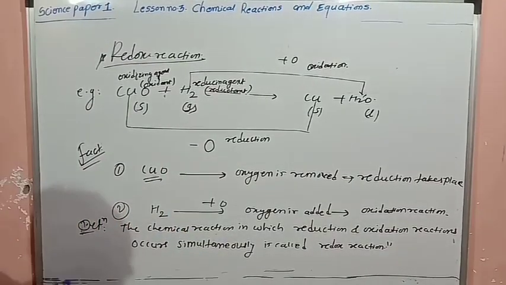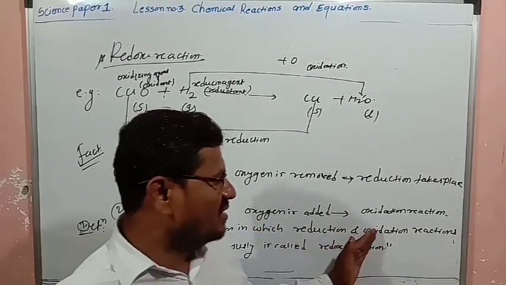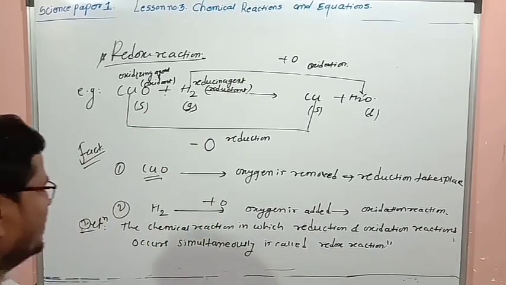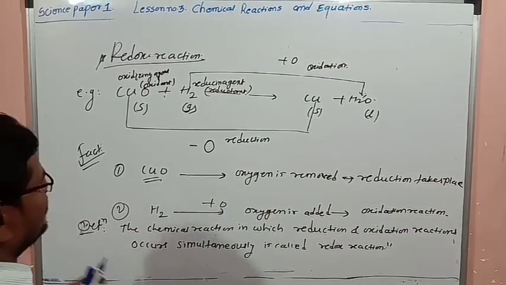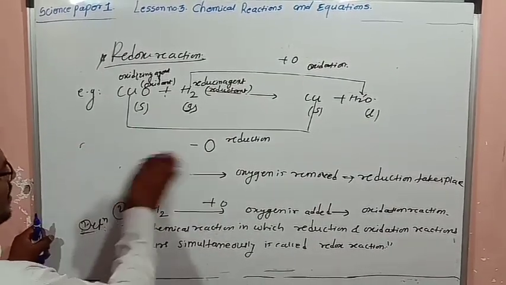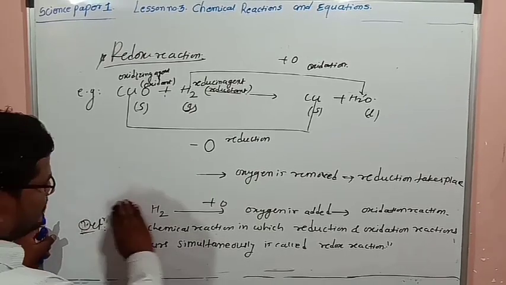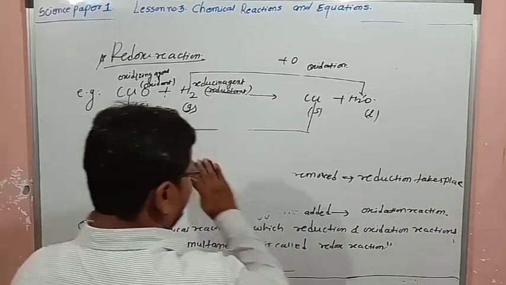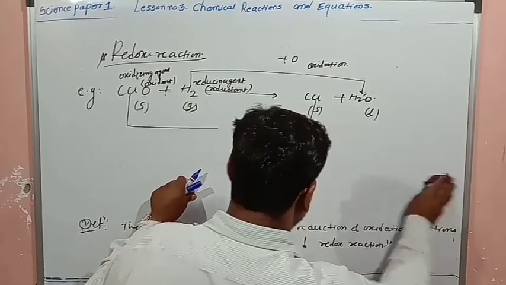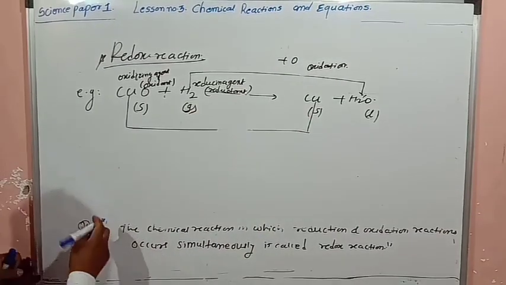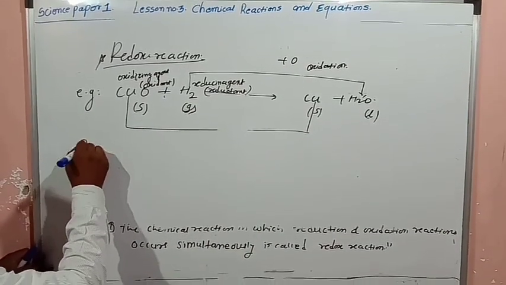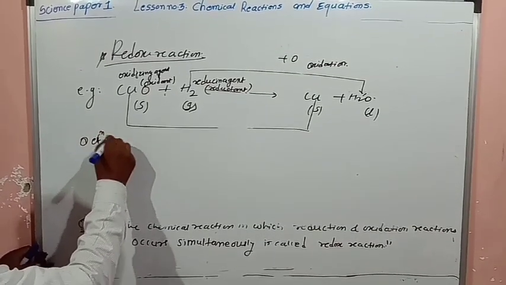The first definition is that the chemical reaction in which reduction and oxidation reactions take place simultaneously is called a redox reaction. And with the help of this we can write another definition. Suppose this is definition 1, and this is definition number 2.